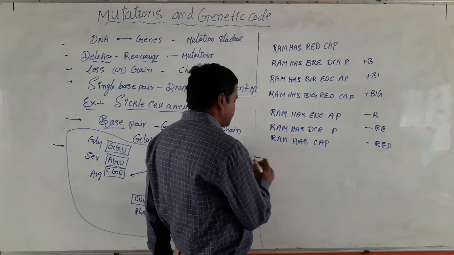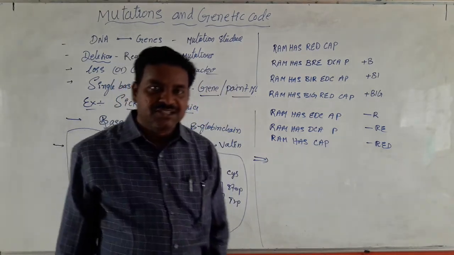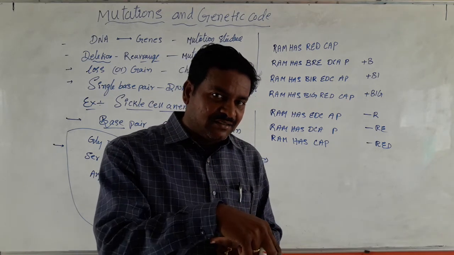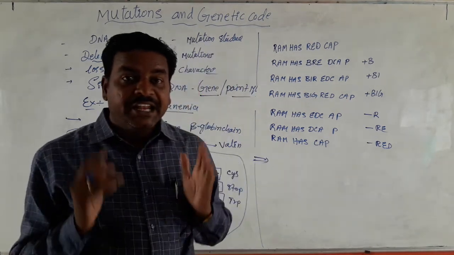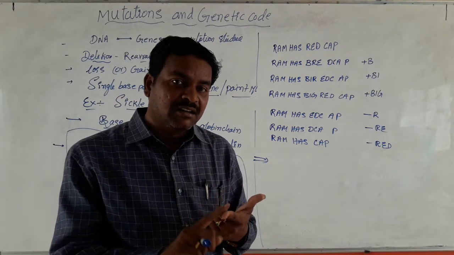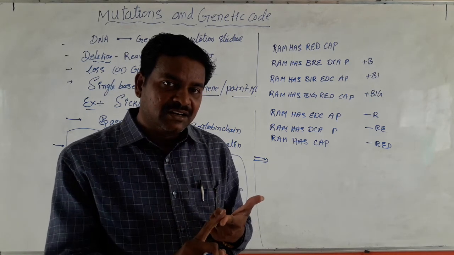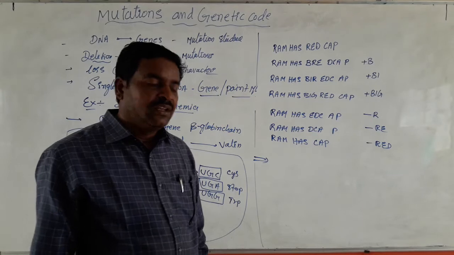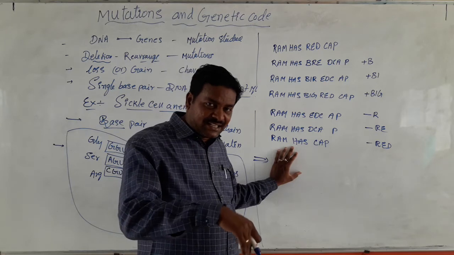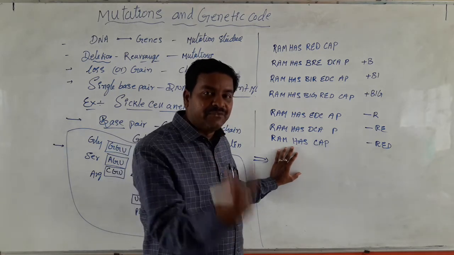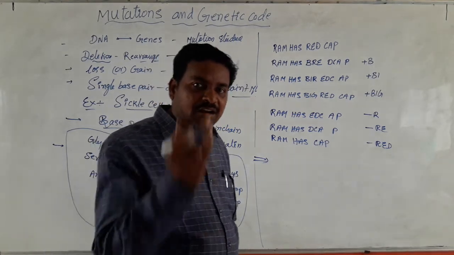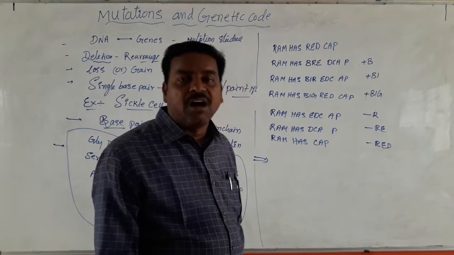So now coming to the conclusion of these experiments. Students, when one or two letters are inserted or deleted, the reading frame will change from where these letters are inserted or deleted onwards.